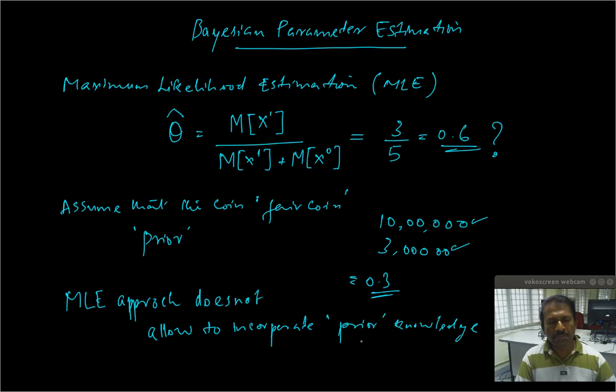We want to somehow incorporate our prior knowledge, because most of the time, as we have stated earlier in some lectures, we have a very limited amount of data available, or sometimes we may not be able to conduct the experiment several times. In that case, we may have to incorporate the prior knowledge that an expert has into the model, right?